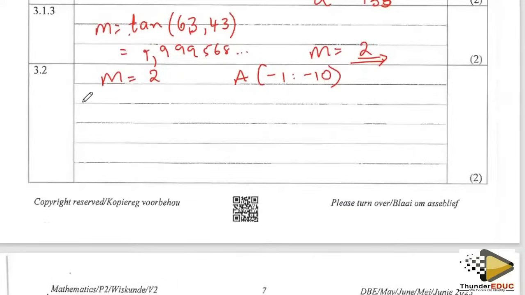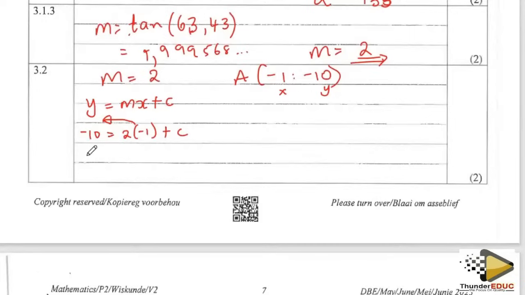Some people prefer using the y = mx + c format, where they substitute the m and these points and get the value of c. So let's see. Where there is x, I'm going to put -1, where there is y, I'm going to put -10. So -10 is equal to m, which is 2, times -1 plus c, and I'll move this to that side.